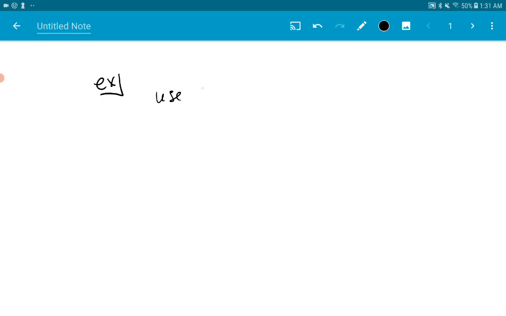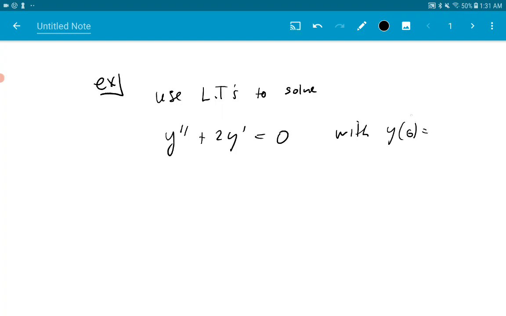Use Laplace transforms. I don't want you to do it the old way. Solve y double prime plus 2y prime equals 0 with initial conditions y of 0 equals 1 and y prime of 0 equals 7.